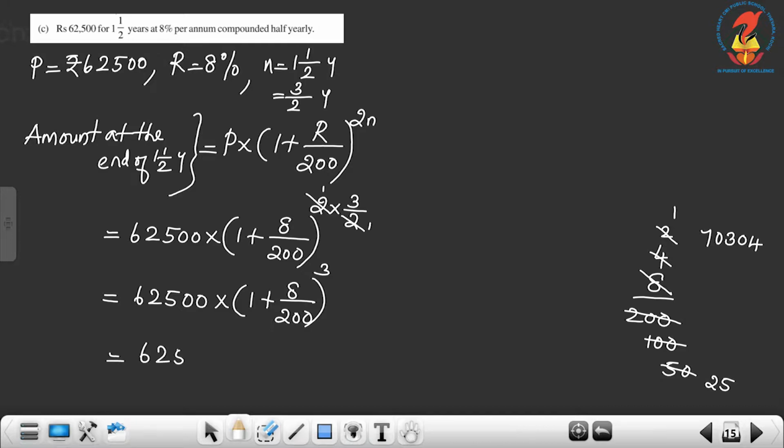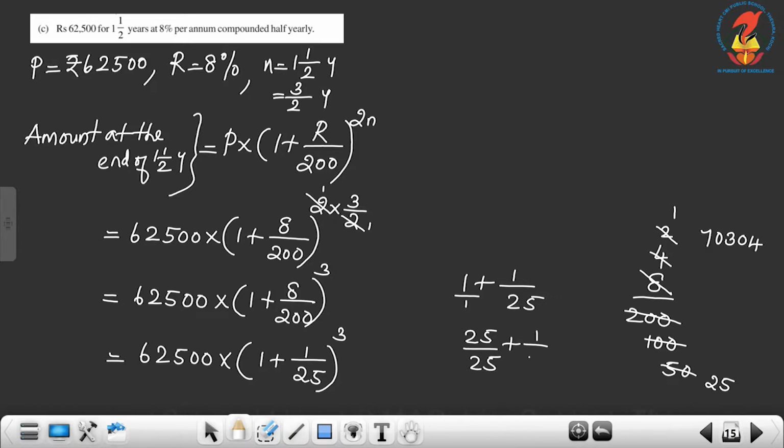So 62,500 into 1 plus 1 by 25 whole raised to 3. Then 1 plus 1 by 25. 1 means it is 1 by 1. Now the LCM is 25. So you can write 25 by 25 plus 1 by 25. So what you will get? 26 by 25.